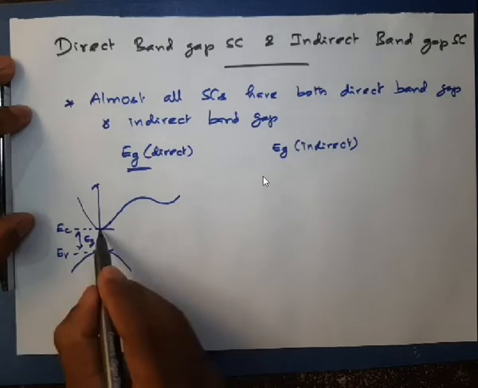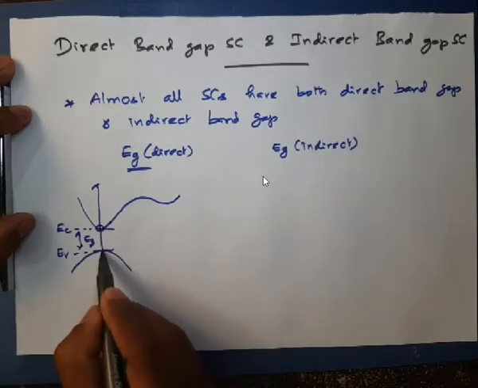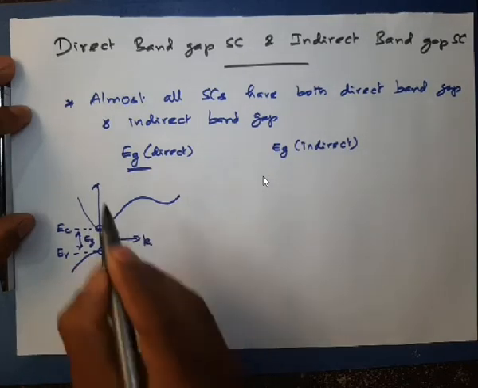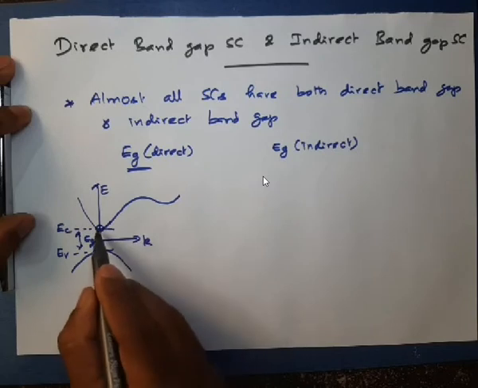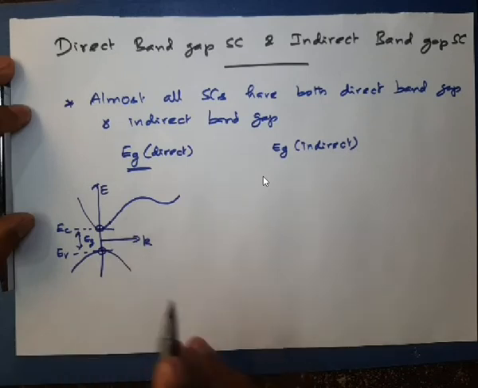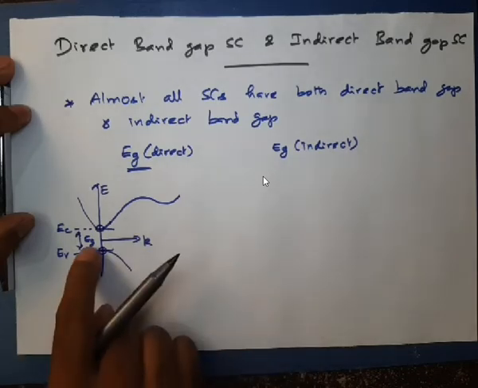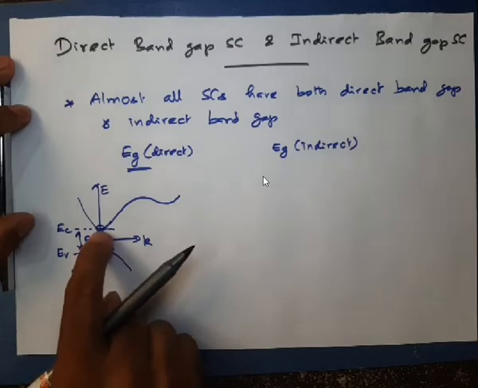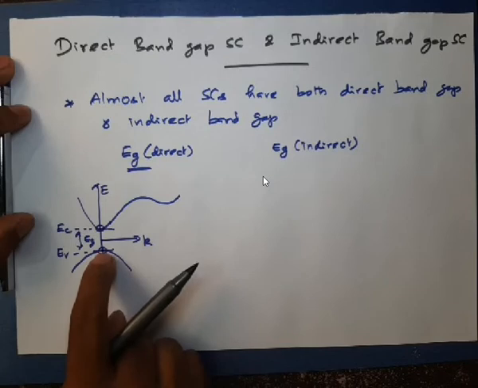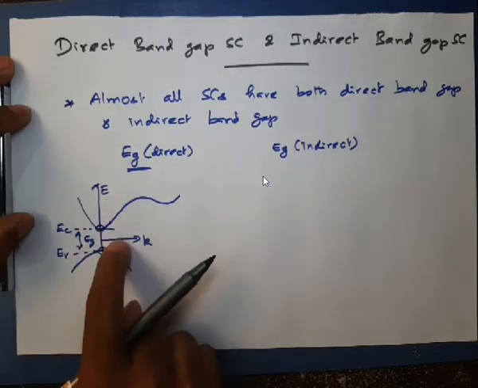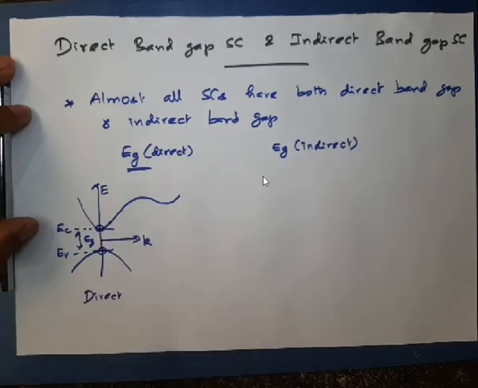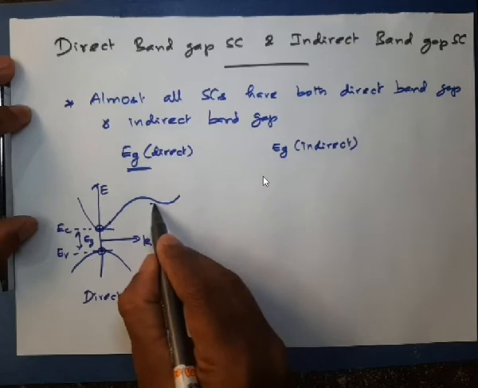Here the bottom of the conduction band and the top of the valence band both exist at the same K value. This is the energy axis, this is the K axis. So the K values for this bottom and the top are the same. If the bottom of the conduction band and the top of the valence band have the same K value, we call that band gap a direct band gap.